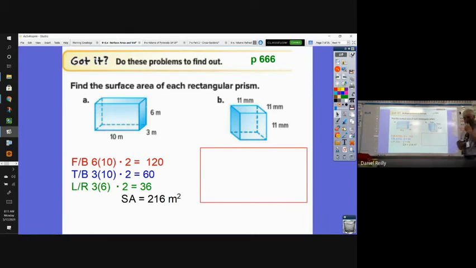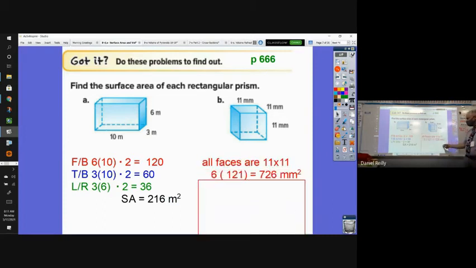Each one has an area of 11 times 11, which is, you should know that one, 121. So it's 6 times 121, 726 square millimeters. What? Wait, where'd you get 6 from? There are 6 squares on a cube, right?